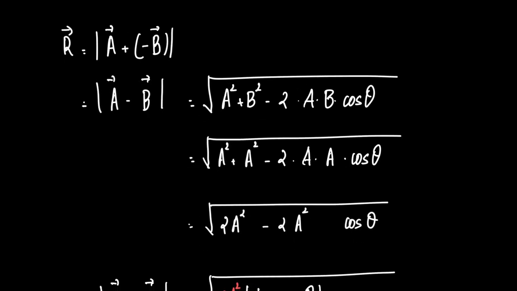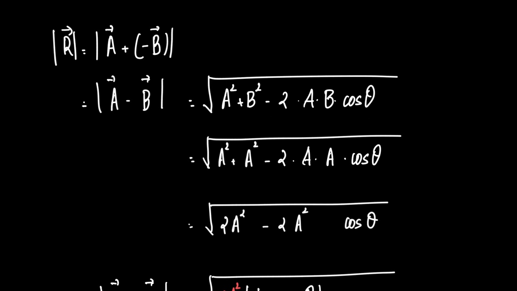Now, what is the resultant? The magnitude of R is equal to the magnitude of vector A minus B, which by formula is equal to root of A square plus B square minus 2AB cos theta.